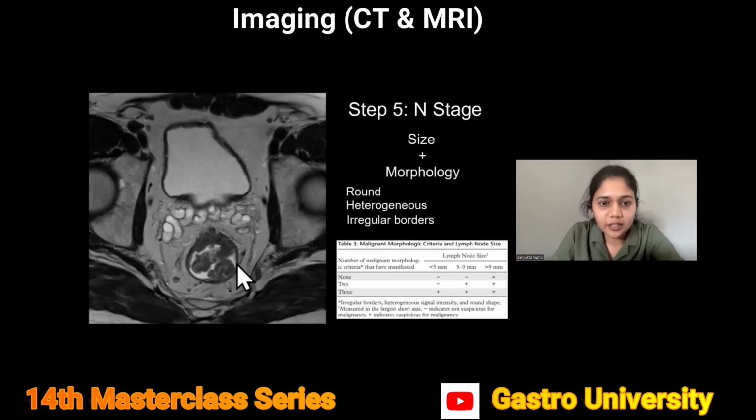Now we come to the nodal staging. The nodal staging here, in cases of CA rectum, is not only based upon size, it is based upon the morphology of the lymph node also. So even if it's a less than 5 mm node, you can't say that it's not a positive node. If its morphology is round, the signal intensity is heterogeneous, and it has irregular borders, then all 3 characteristics of the morphology add up, and it becomes a suspicious lymph node.